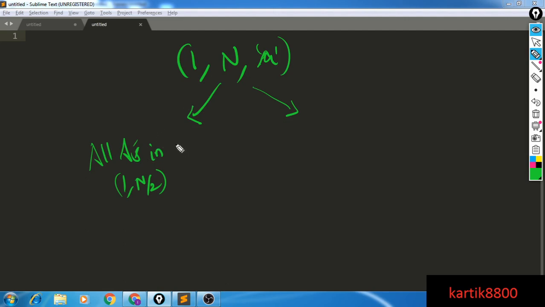If there is any character that is not equal to a small a in the first half, then you have to perform an operation and change it to a small a. Plus, what is the minimum cost to make the remaining string into a B good string?